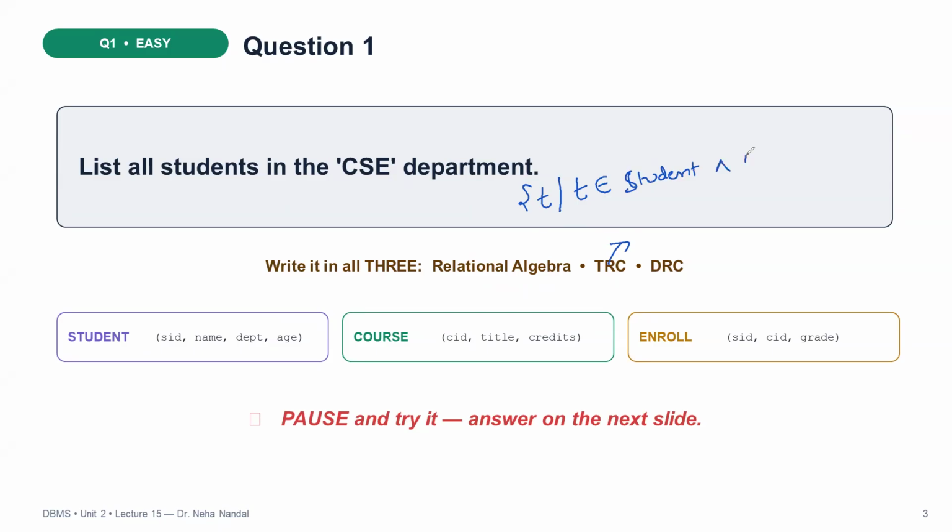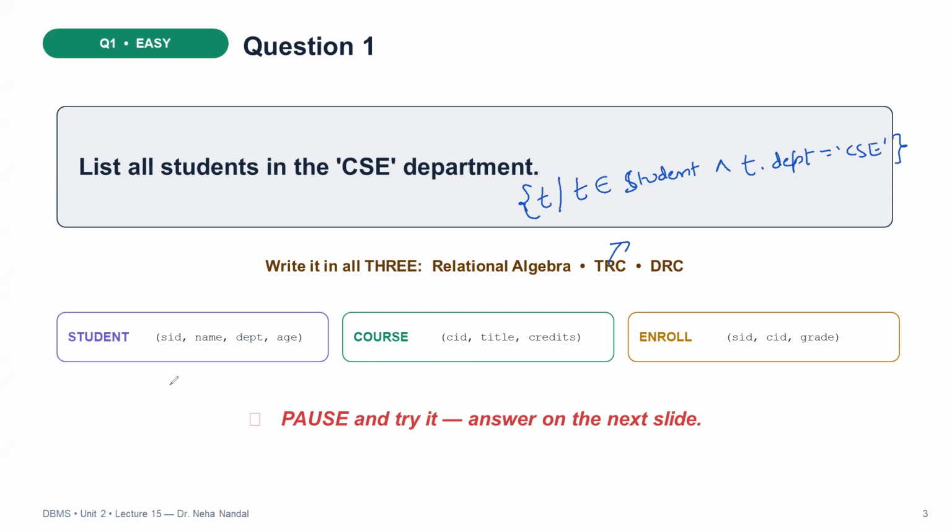And there is a condition: T dot department is CSE. I hope you remember these things. The syntax we have already discussed for all 3: relational algebra, TRC and DRC. So here we are getting these tuples, the rows that are students with department CSC.